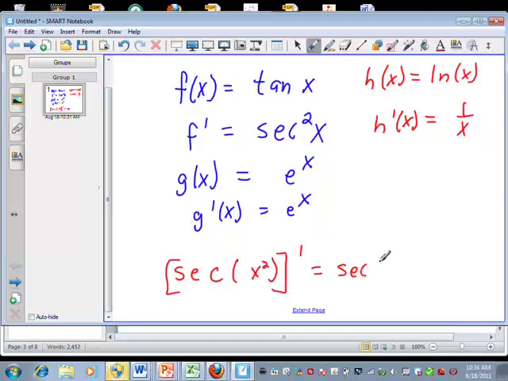Secant tangent, but okay, so secant of what? x squared. Of x squared. Secant of x squared tangent of x squared times the derivative of x squared.